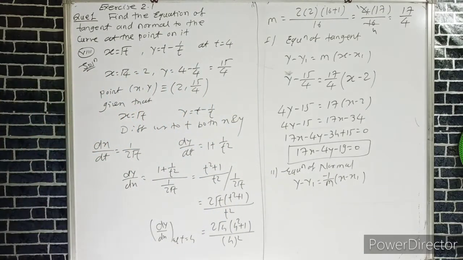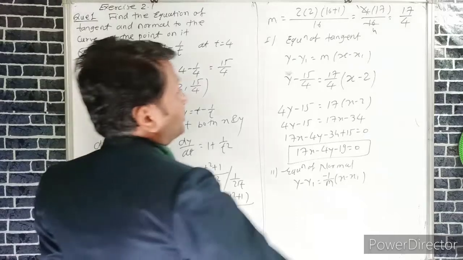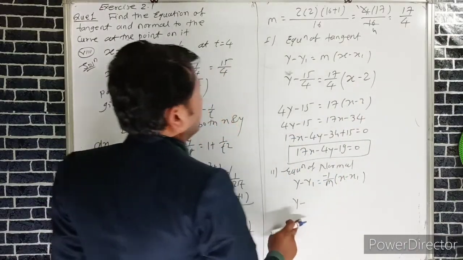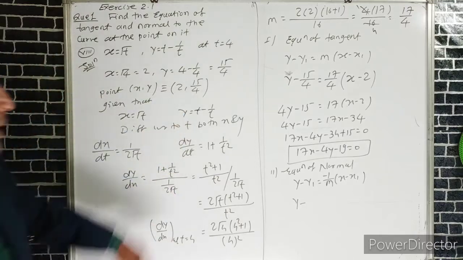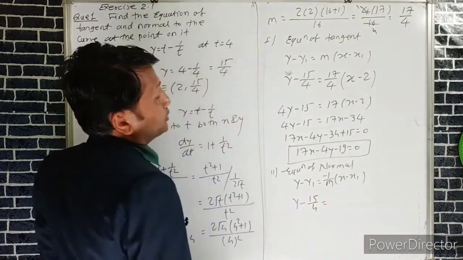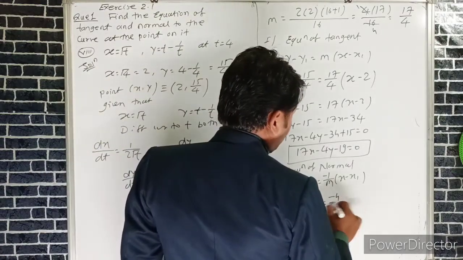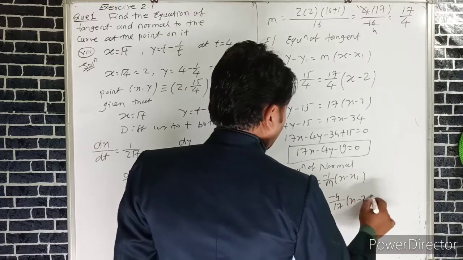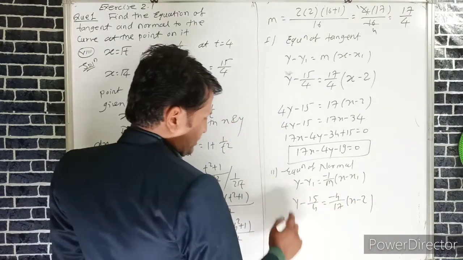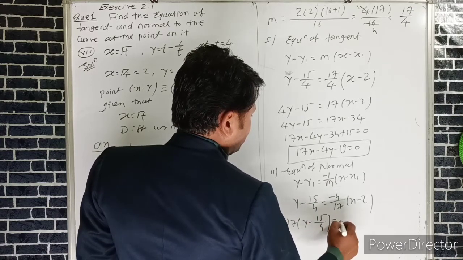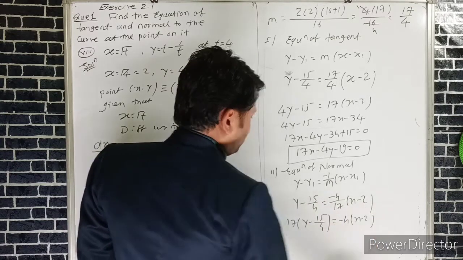We know that slope m is equal to 17 by 4, so minus 1 upon 17 by 4, and we can write y minus y1, which is 15 by 4, is equal to minus 1 upon 17 by 4, meaning minus 4 upon 17, into (x minus x1), meaning 2. If we take this 17 to the left side, we can say 17 into (y minus 15 by 4) is equal to minus 4 into (x minus 2).